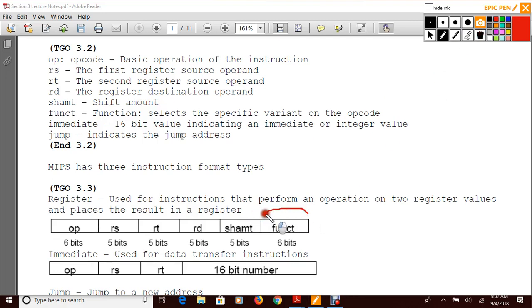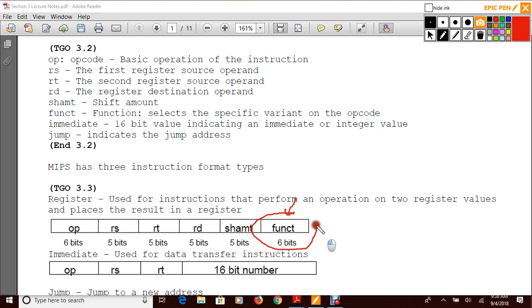The last 6 bits of an R-type instruction are known as the function. We've gone over that a little bit when we were talking about ALU design. Formally defined, it selects the specific variant of the opcode. So in R-type instructions, the opcode is always 0, and then we learned specifically about addition and subtraction, where the 1 bit that allows us to differentiate between addition and subtraction will come from the function.